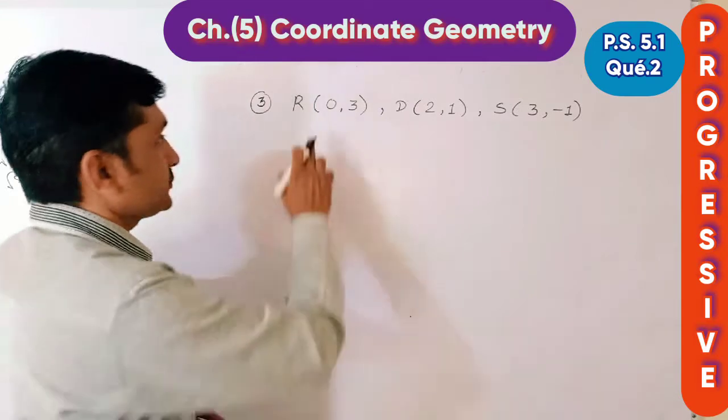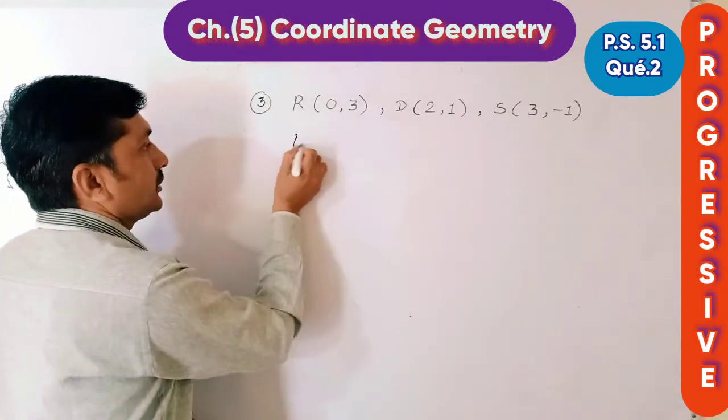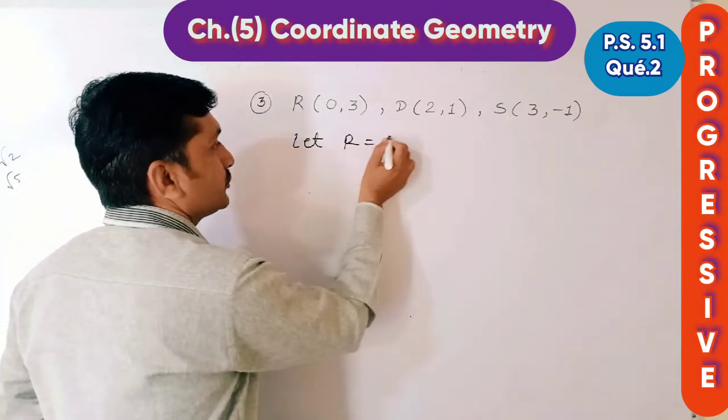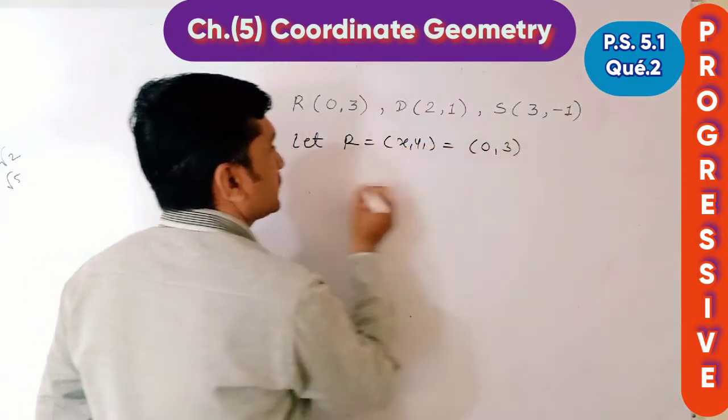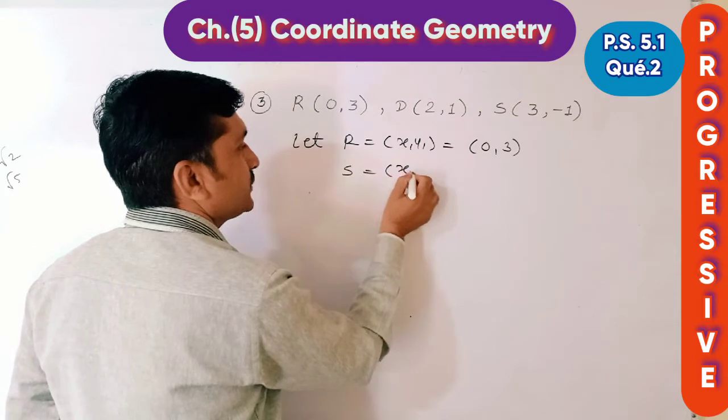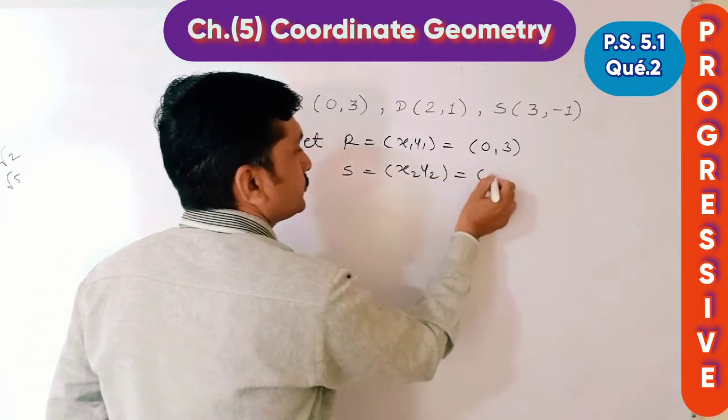Let's find distance RS. Let R be (x1, y1) = (0, 3), S be (x2, y2) = (3, -1).